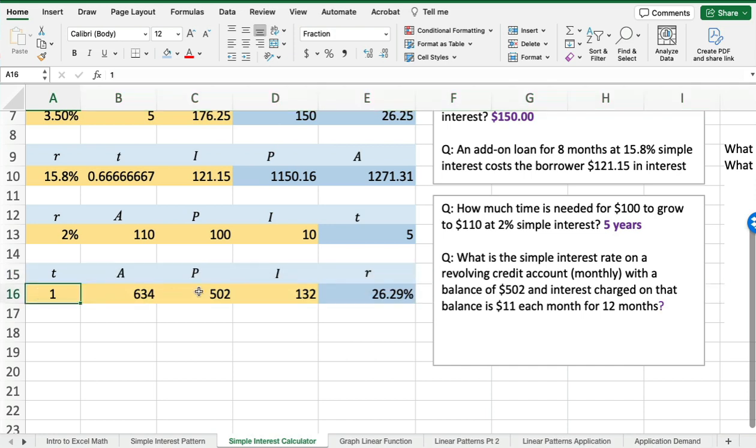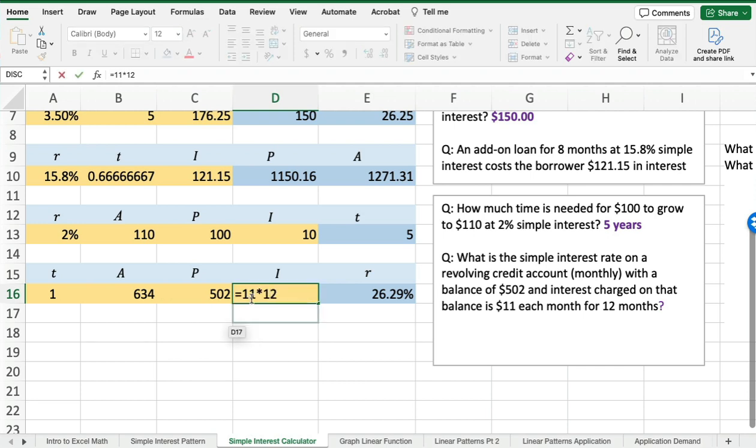Let's look at each of these things that we need to put in as the quantities that we know. So the quantities known is that time is 1 year because 12 months is 1 year. The amount of interest charged, this is important now because it's not just $11, it's equal to $11 times 12 months because every month we're getting charged $11 and we're looking at an entire year's worth.